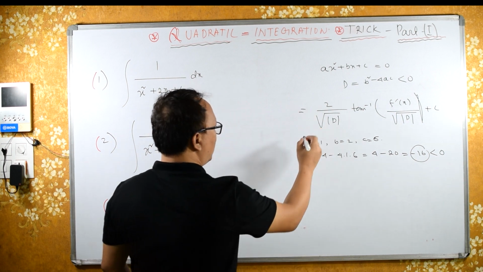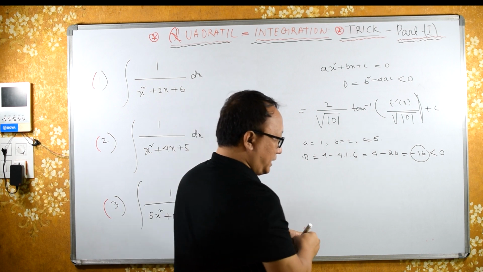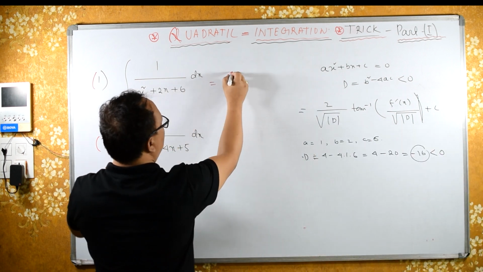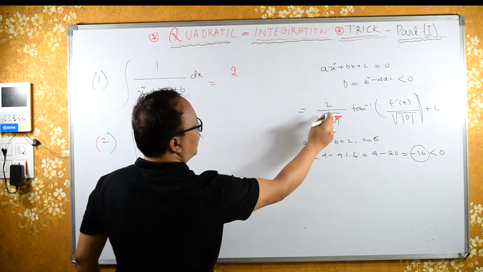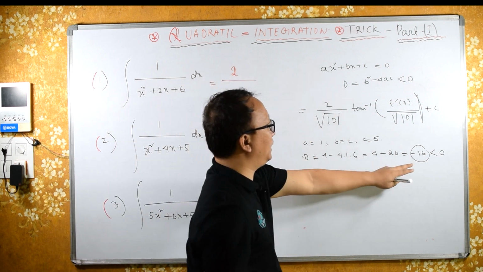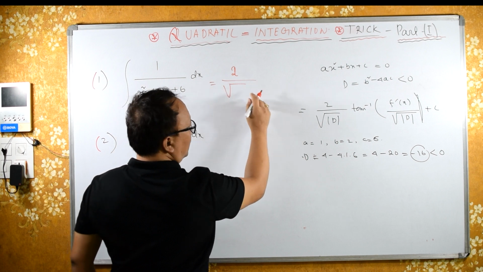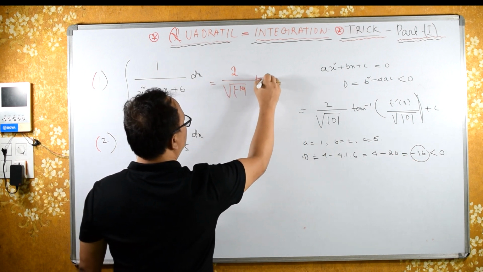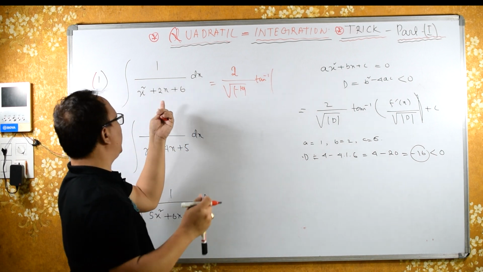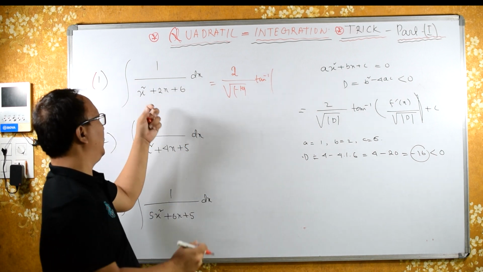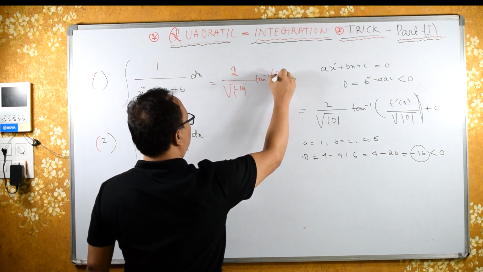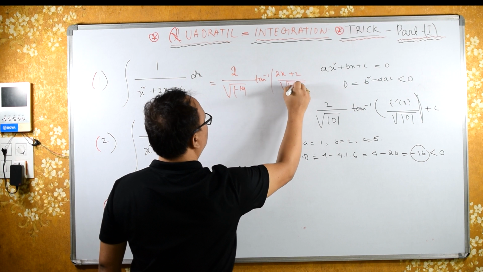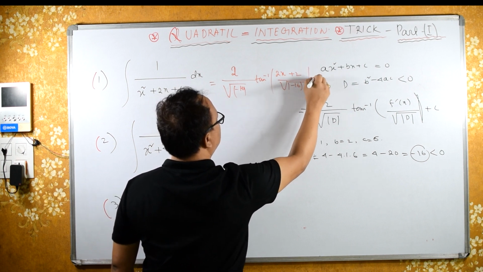Now this integration equals 2 upon square root of mod D, here minus 16, tan inverse of f dash. Differentiate this with respect to x: the differentiation of x square plus 2x is 2x plus 2, upon square root of mod of 16, plus c.